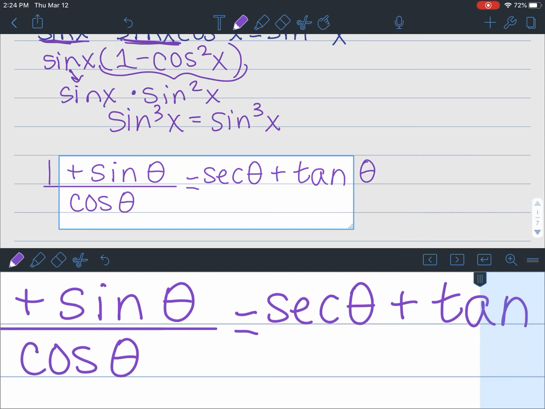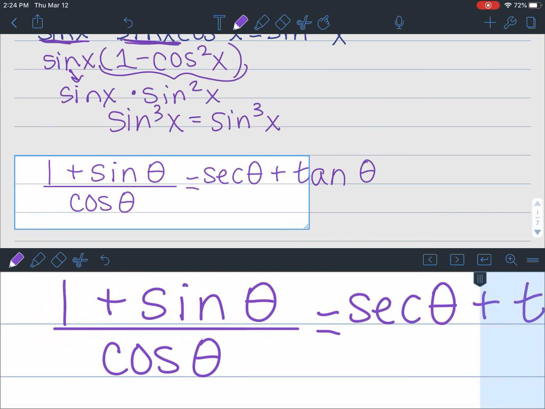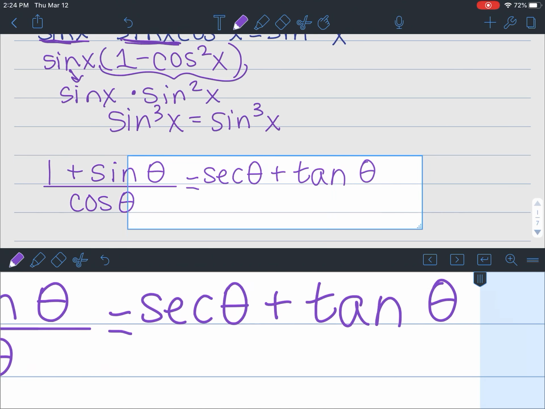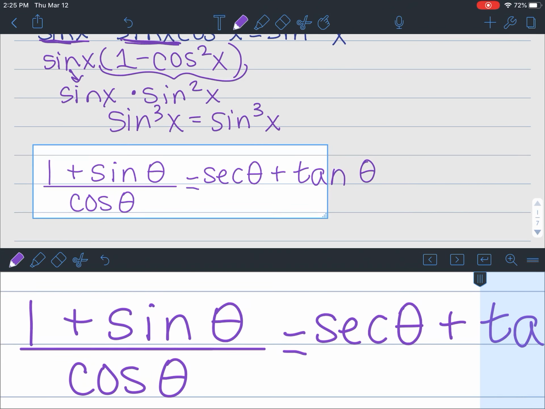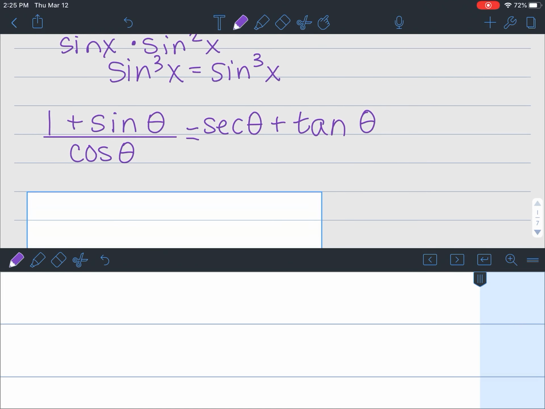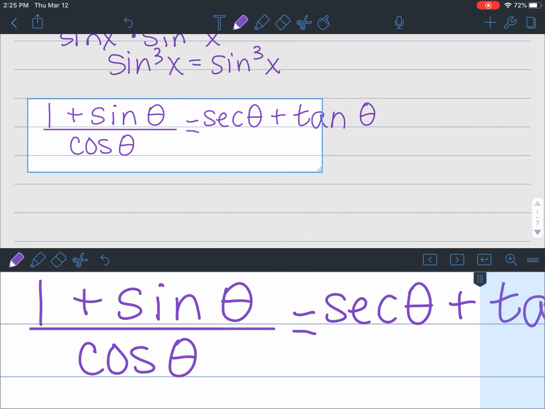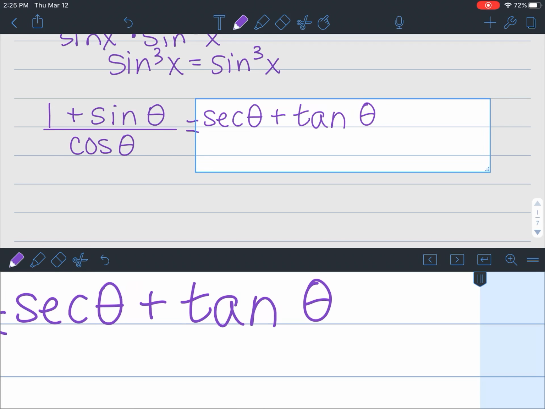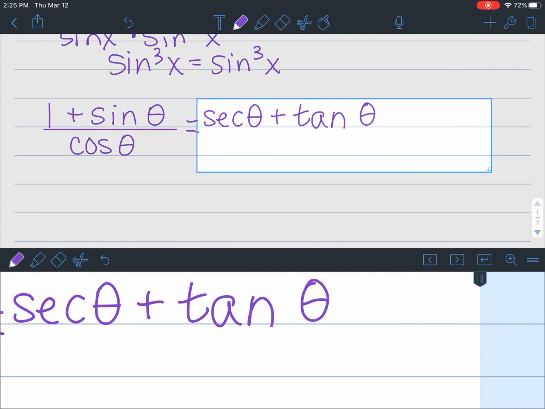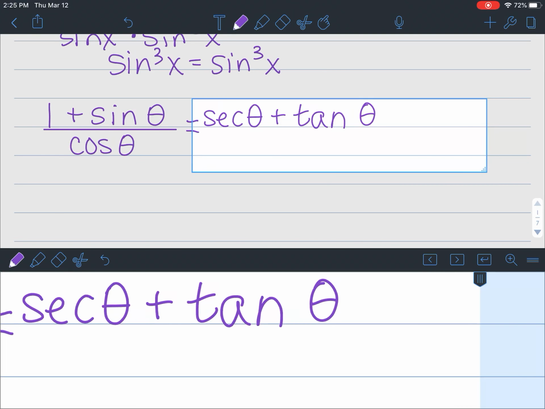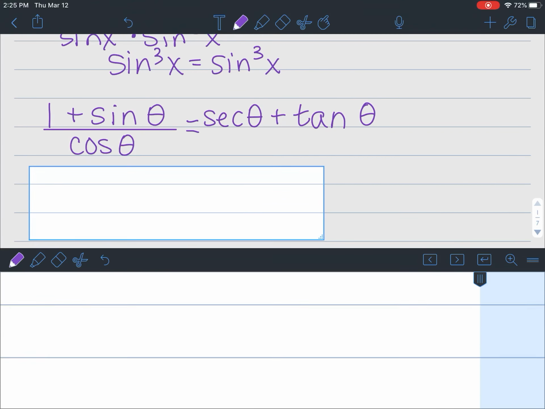So remember, you have to pick one side to play your trig games with. It can either be the left or it can be the right, but it can't be both. I'm going to take the left side, but in this particular case, you could actually take the right side. It wouldn't make much difference. But I'll just stick with the left.